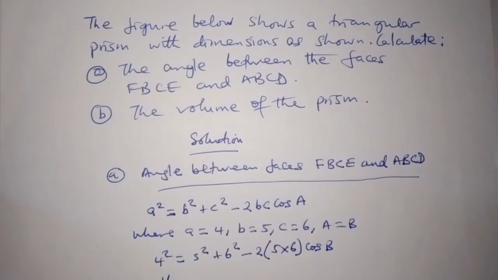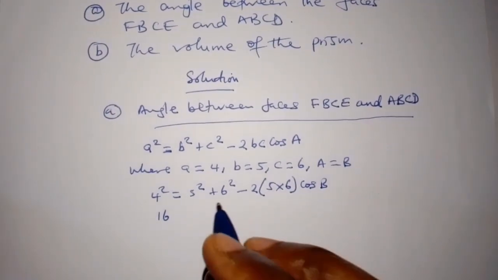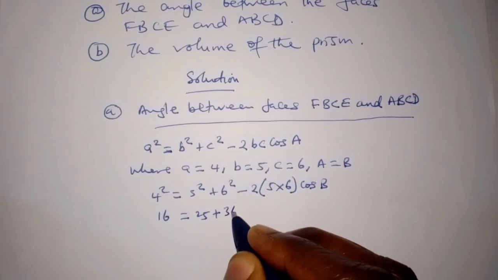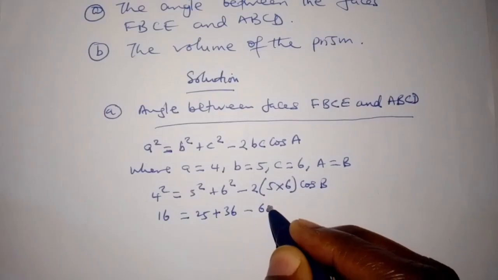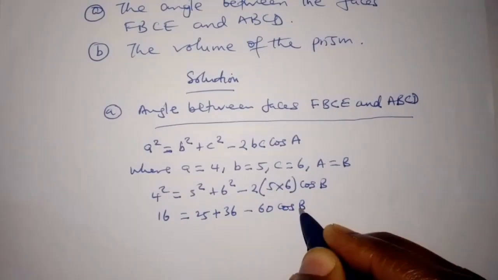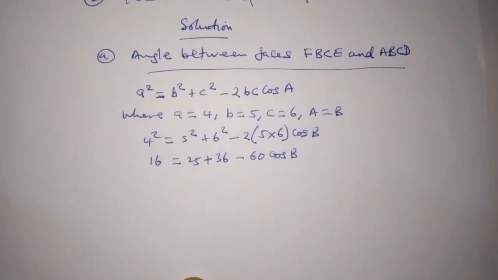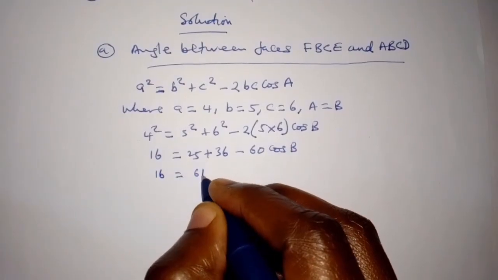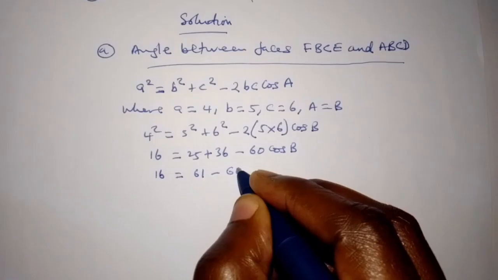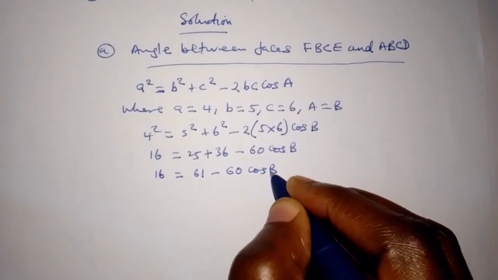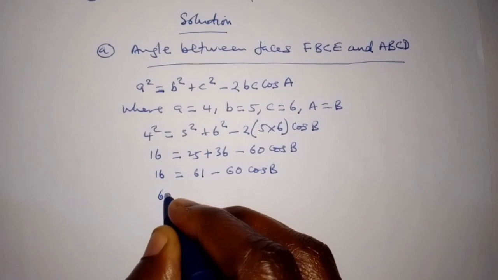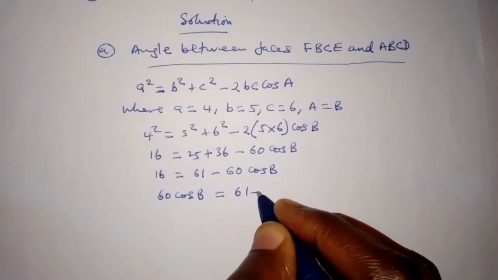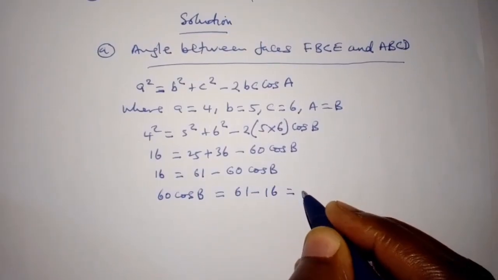16 is equal to 25 plus 36 minus 60 cosine B, which gives 16 is equal to 61 minus 60 cosine B. 60 cosine B is equal to 61 minus 16, which is equal to 45.